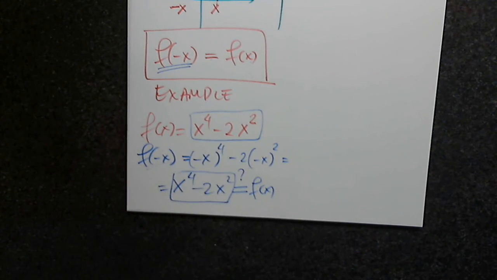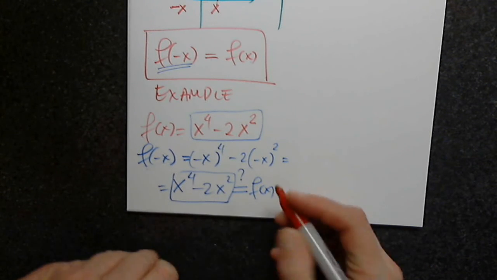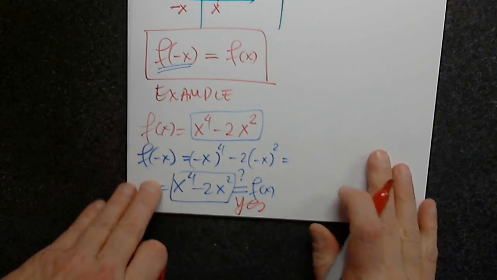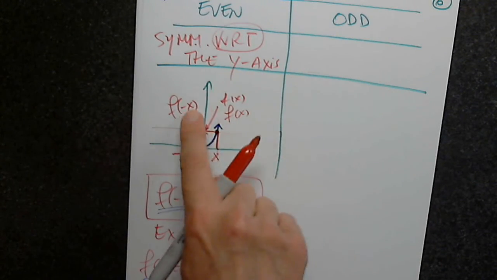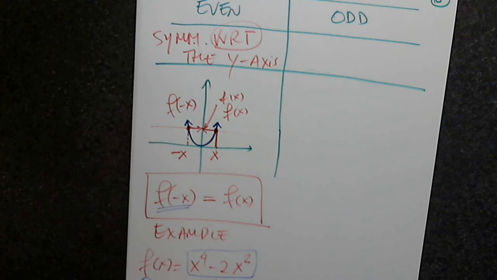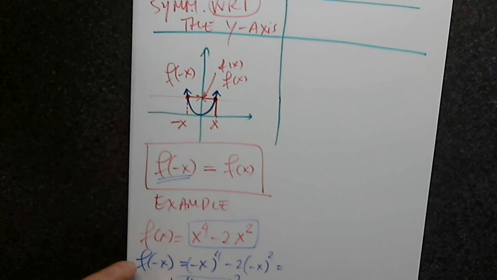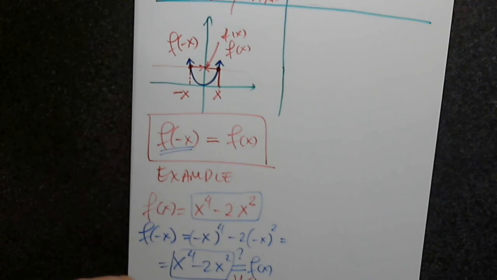If they are the same, I'll say yes. If they're not the same, I'll say no. Are these two quantities identical? Yes. So I will say yes. The function is an even function, symmetric with respect to the y-axis. Any questions? Okay. Here's the other possibility.